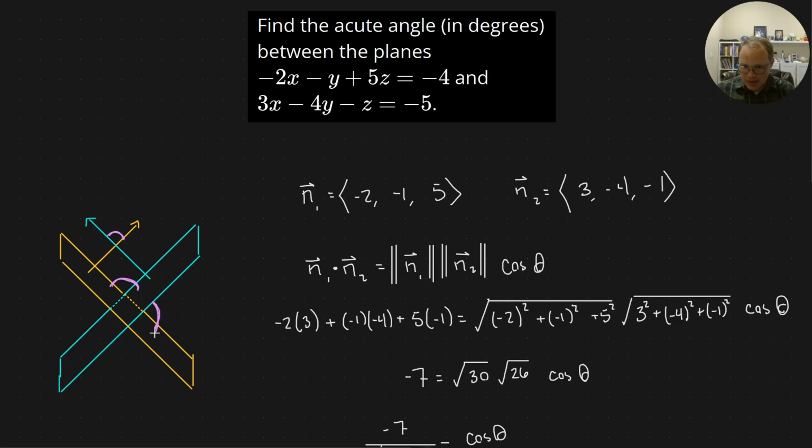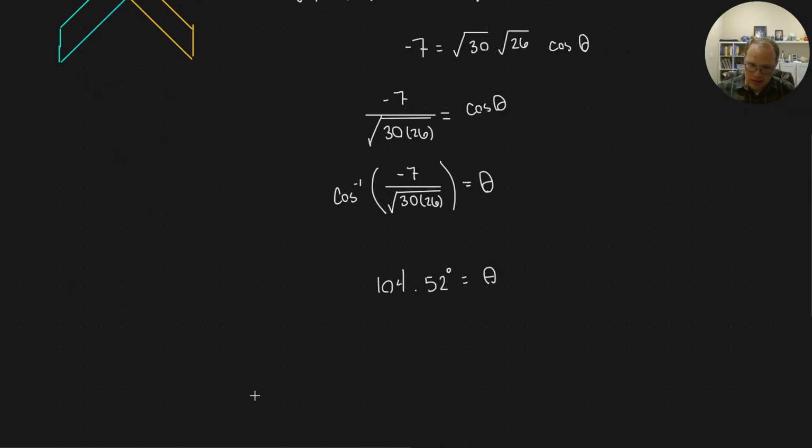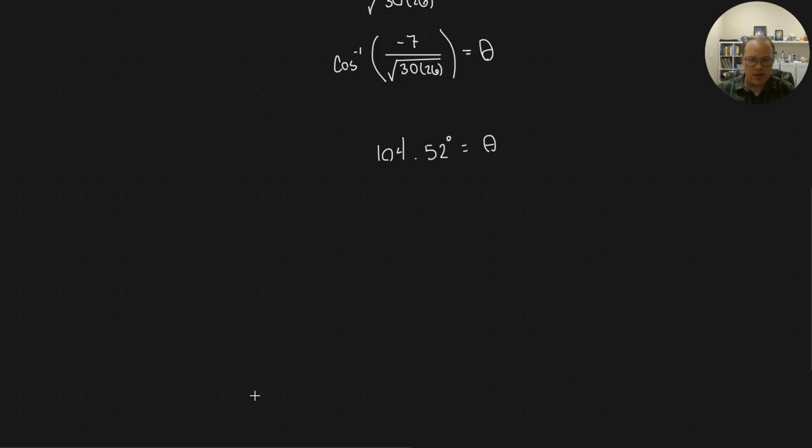So I can find the other angle because the angle that I calculated, we'll call it theta, plus the alpha that I want is equal to 180 degrees. So the alpha that I want, I just take 180 and subtract 104.52 degrees.